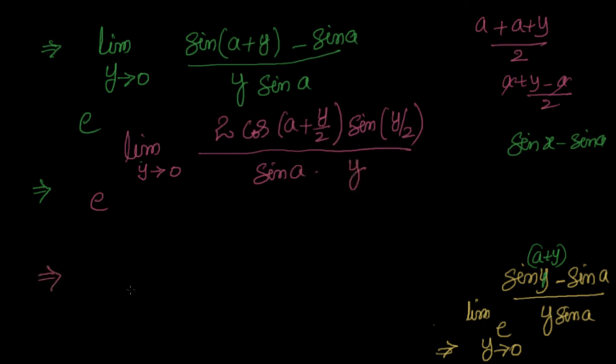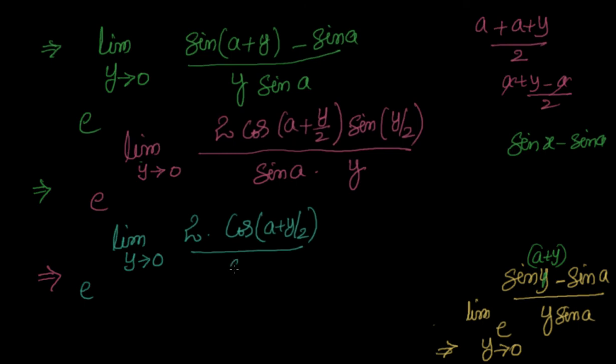Okay. Now let's try to separate them and apply the limits on them. It will be e to the power of limit as y tends to 0. I can take 2 cos of (a plus y) by 2 by sin a as one factor, and the other one will be sin of y by 2 by y. I have y with me, but I want y by 2, so I will multiply with 2.